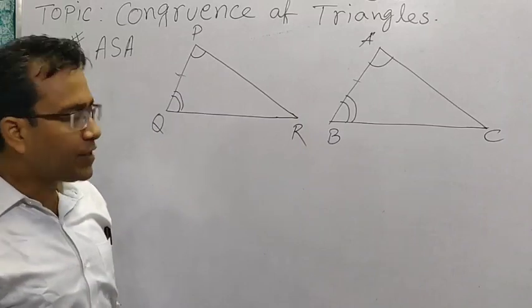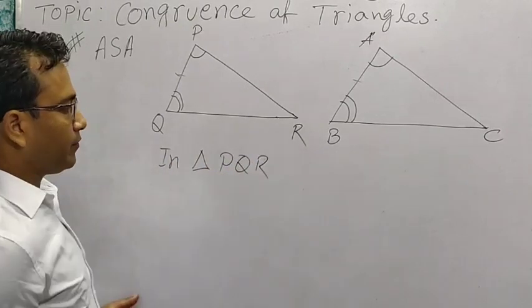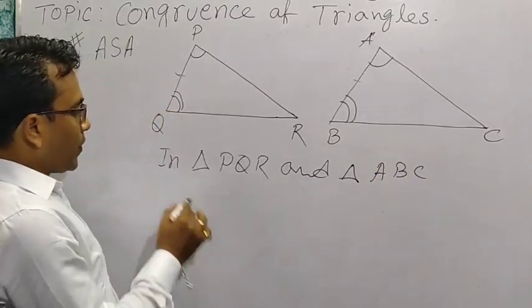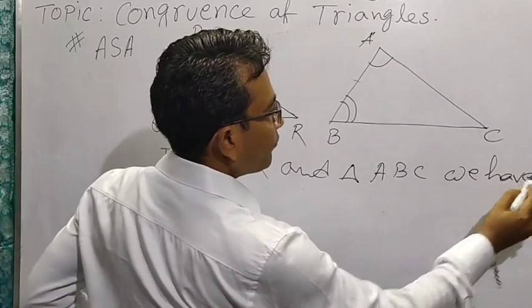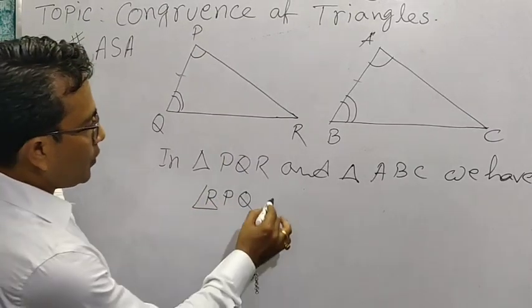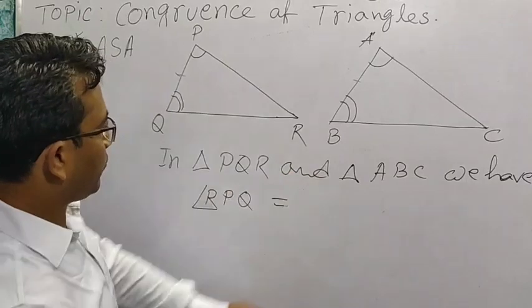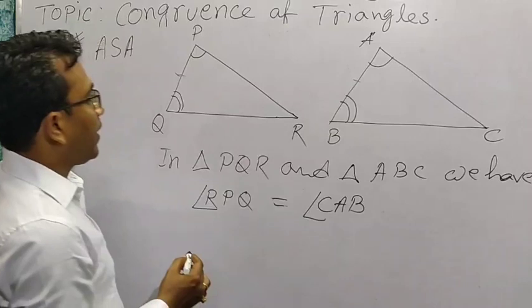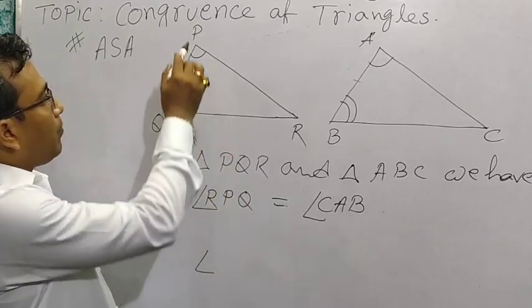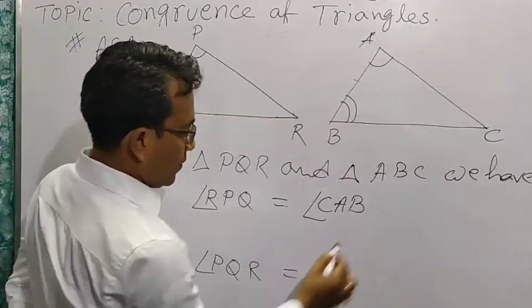So here if we compare in triangle PQR and triangle ABC, we have angle RPQ equal to angle CAB. Again, angle PQR equal to angle ABC.